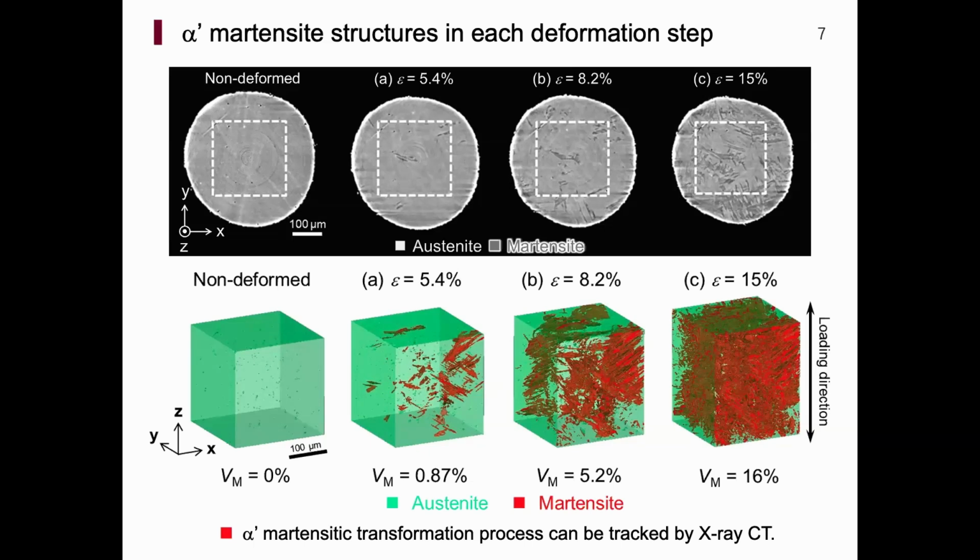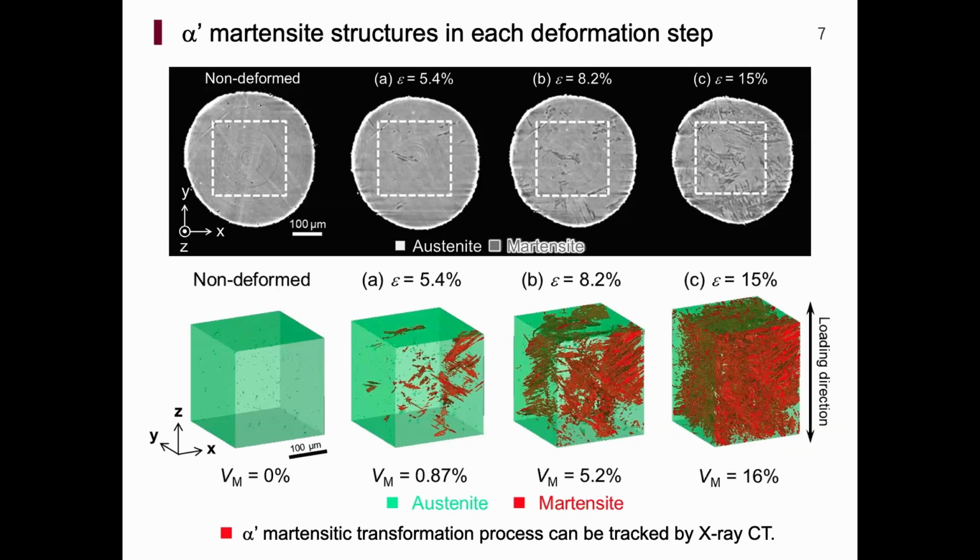So now let me move on to the results of in situ observation by X-ray CT. These are the reconstructed images at each deformation step. In these steps, alpha prime martensite product appeared as the dark gray values, indicating that alpha prime martensitic transformation progressed with increasing strain levels. In addition, no martensitic transformation was observed at non-deformed stage.